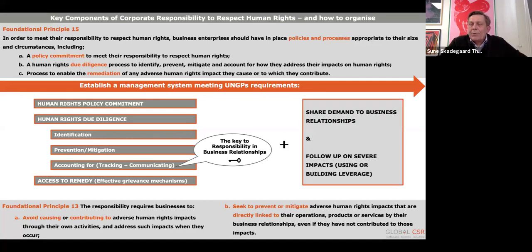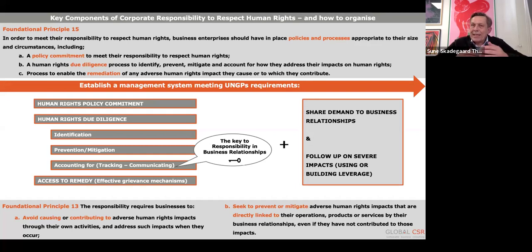From the guiding principles, and in order to seek to prevent and mitigate as required by Foundational Principle 13b, the minimum we can expect from any business is, of course, that they demand from all their business relationships also to meet the minimum standard for responsible business conduct, i.e. the UN Guiding Principles on Business and Human Rights.